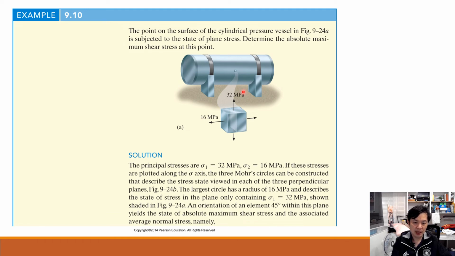Of course, because the hoop stress or tangential stress will be twice the longitudinal stress, in this case we have 32 in one direction and 16 in the other direction, and the orientation within this surface is the one we'd like to see.